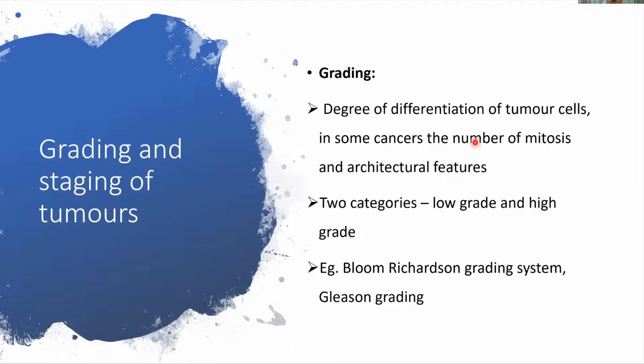This is what we look at when we grade any tumor. There are two categories, either low grade or high grade. This is the simple way of grading, but each tumor has its own grading system. For example, the Bloom-Richardson grading system is specifically for breast carcinoma, and Gleason grading is for prostate carcinoma.